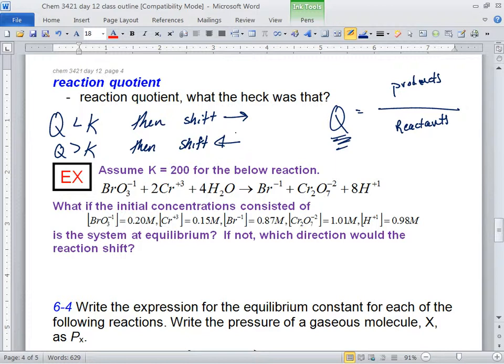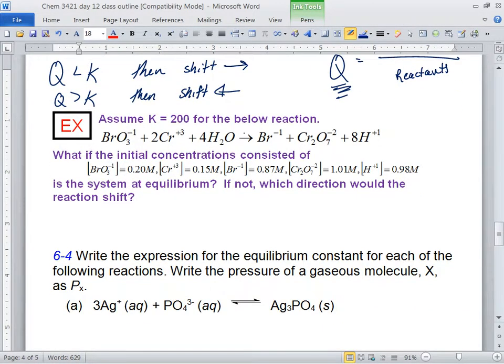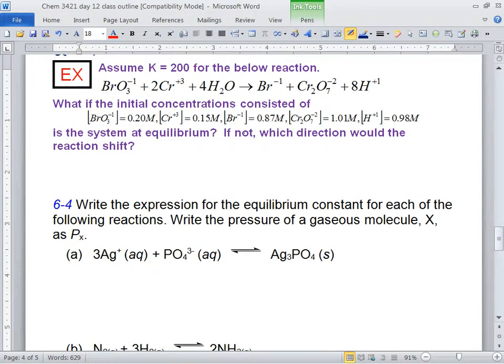Okay. Let's try this one. Assume K is 200. What if the initial concentrations consisted of all that? Is the system at equilibrium? If not, which direction would the reaction shift?